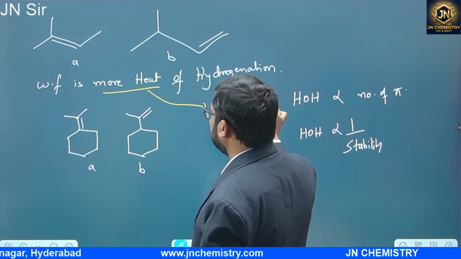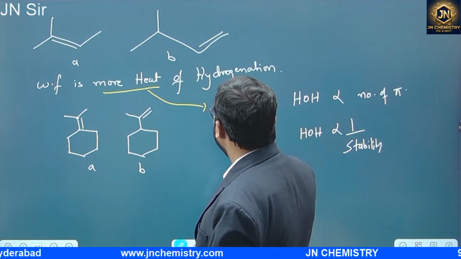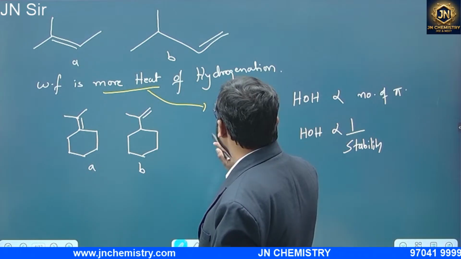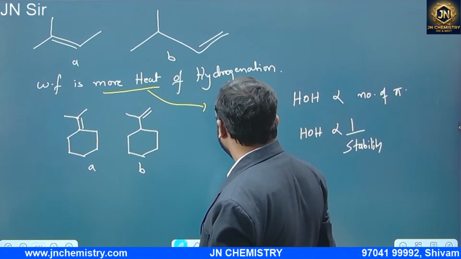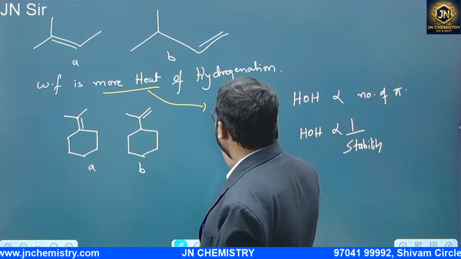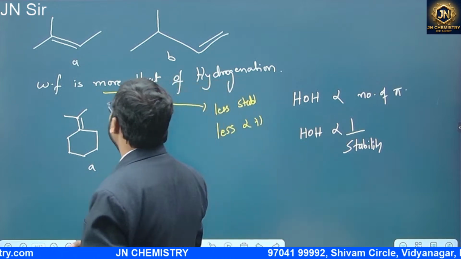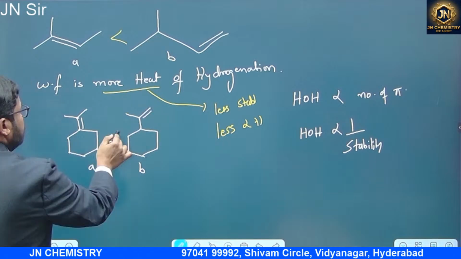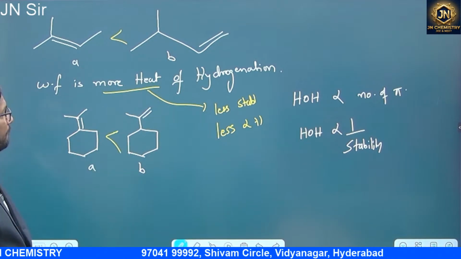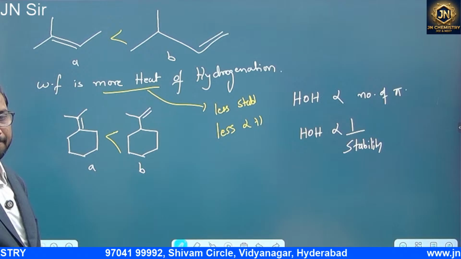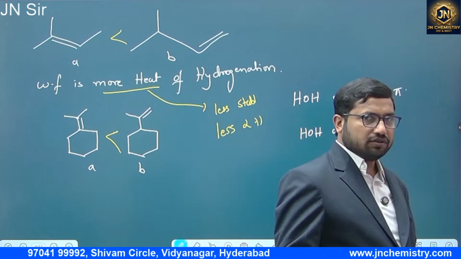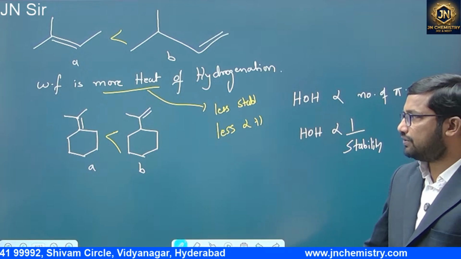Less stable means less alpha hydrogens. Yes or no? Less alpha hydrogens. So what is the answer here? Here it is B. In this case also B. They'll give different types of alkenes, so if they ask about heat of hydrogenation, we simply need to follow this.